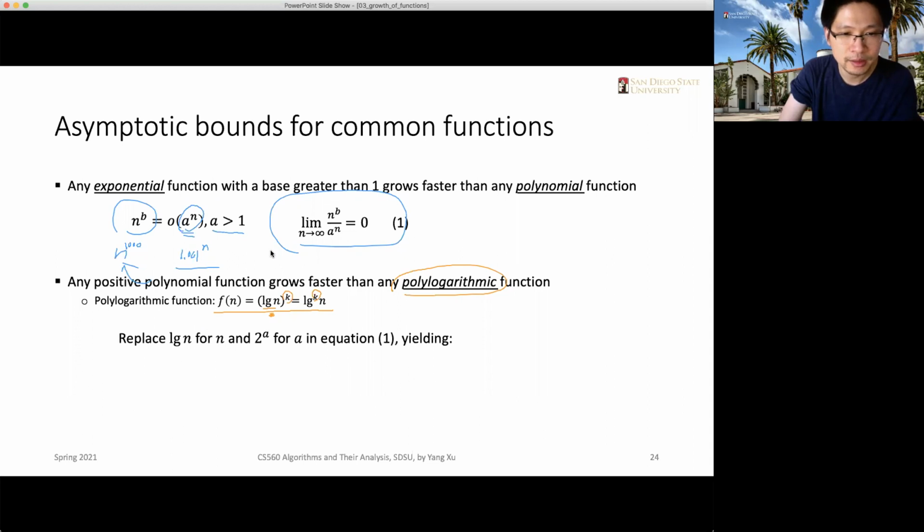This can actually be proven from the property above in the blue color.